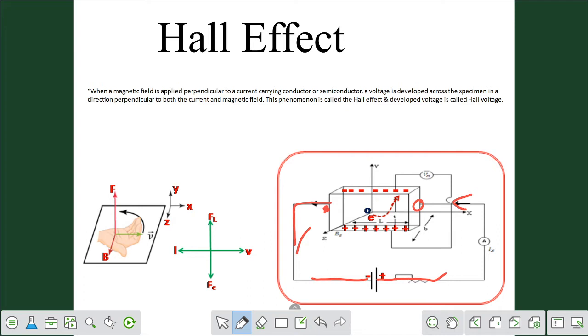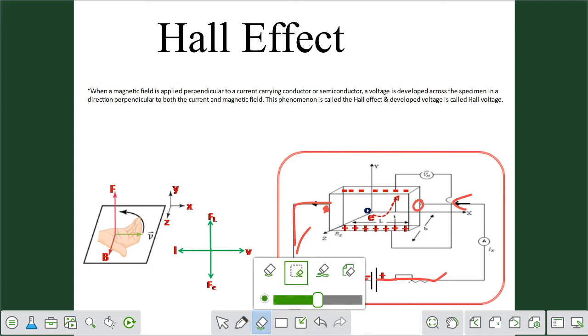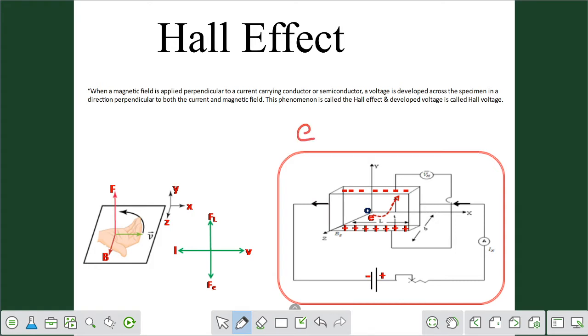So if we apply an electric field to that specimen of semiconductor, as we know, it has the charge carriers of electrons and holes. Both are charge carriers in the intrinsic semiconductor.